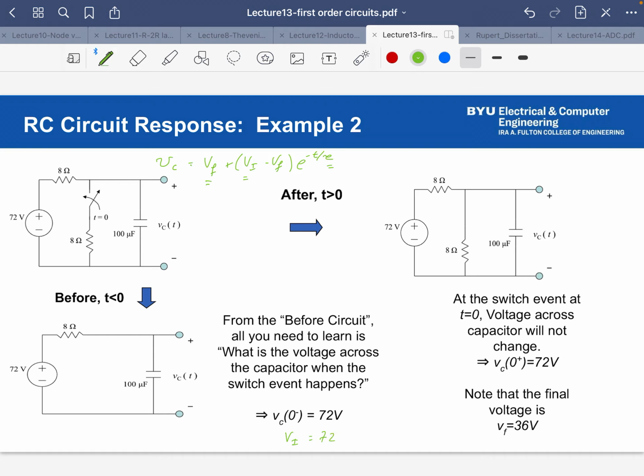Now if you look after the switch, when the switch is closed, now we have this line in here. And again, we might ask ourselves what happens.